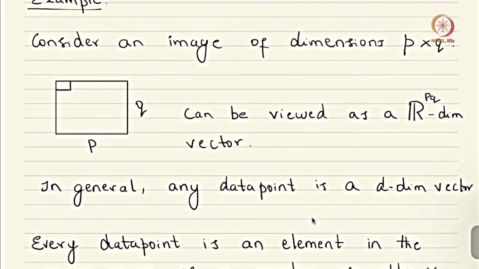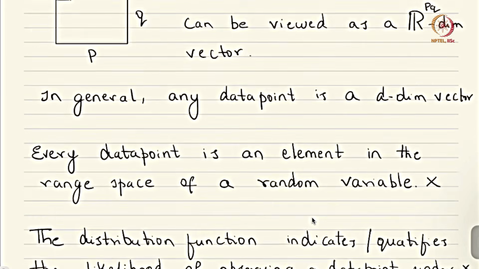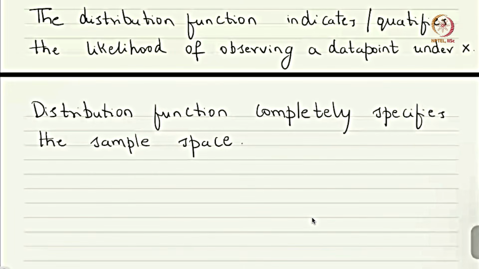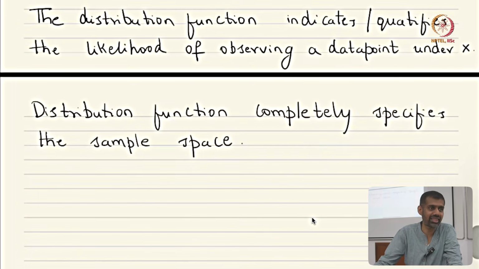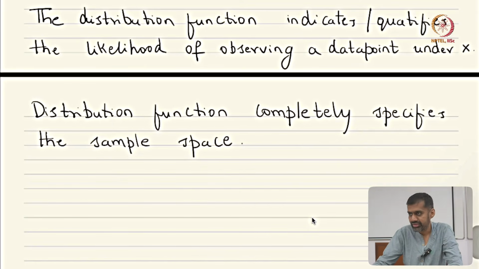From now on I will just say that an image is a random variable, which is a wrong sentence, but I will still say that, assuming that you understand what I mean. And if you see in some books or research articles people saying that consider a random variable and the data that we have are observations from the random variable, this is what they mean.